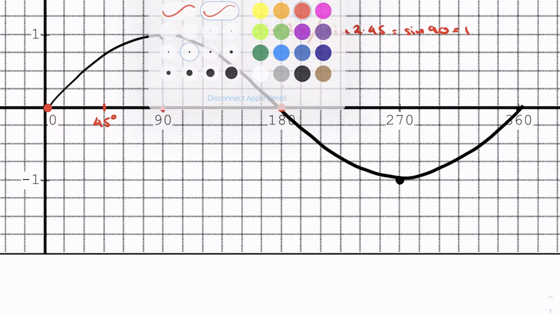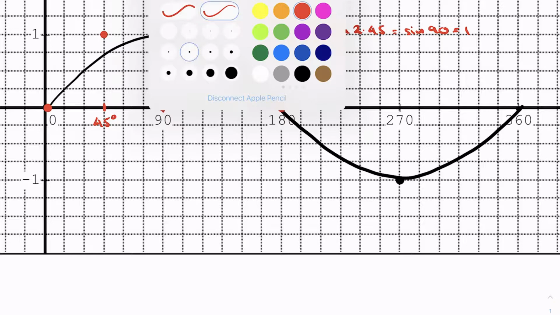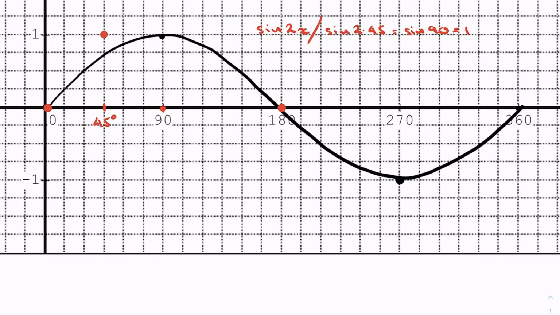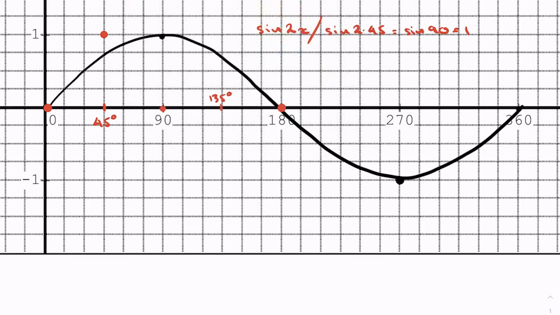So when x is 45, the y value is 1. And you can guess at this point that when x is halfway between 90 and 180, that's 135, you're going to get a value of -1. Again, if you don't believe it, plug it into your calculator and you'll find that sine of 2x when x is 135 will give you -1.